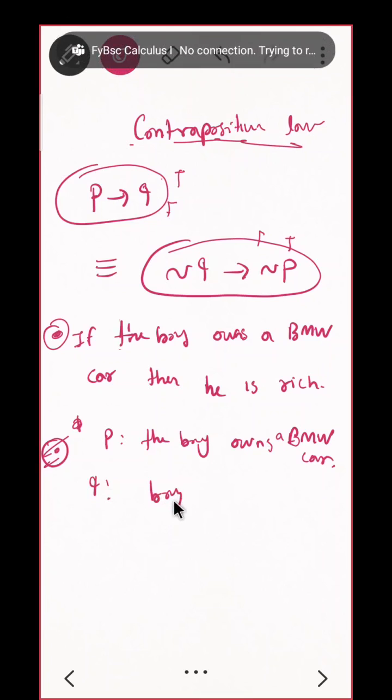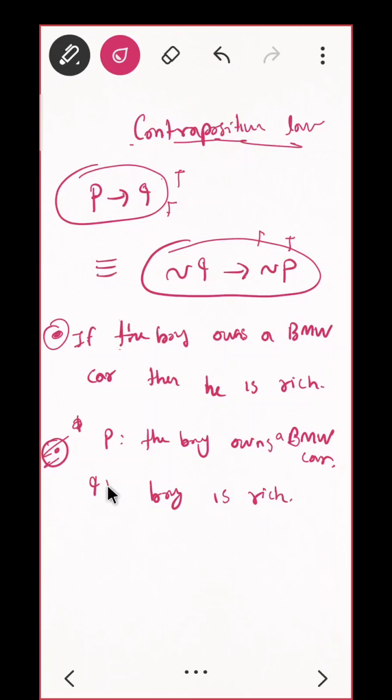The boy is rich. Correct. So P implies Q is given. What will be the contrapositive? What is negation Q?